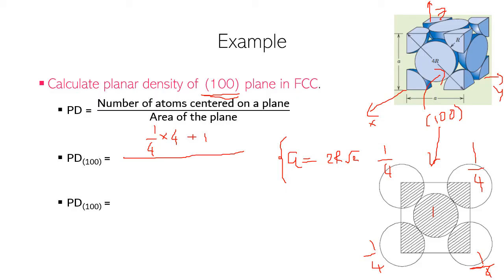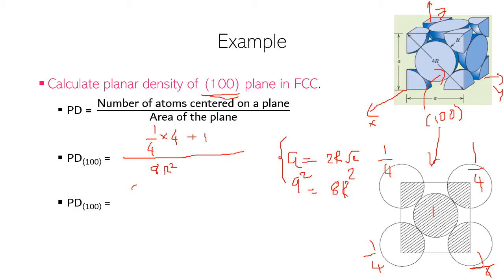Hence I will replace a with that formula. So a squared becomes 2 squared, 4 r squared, root 2 squared, 2. So 4 into 2 is 8. So this in terms of r becomes 8 r squared. So I will write that over here, 8 r squared. Okay.